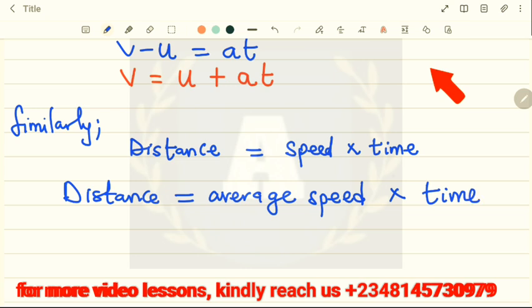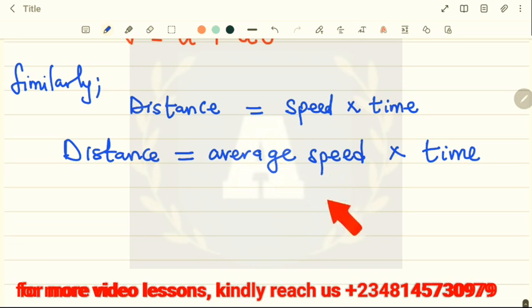By average speed, we mean the final speed and the initial speed. We have two speeds, the final and the initial, then their average: you divide the sum by 2. So the average speed is the final speed V plus U, all over 2.